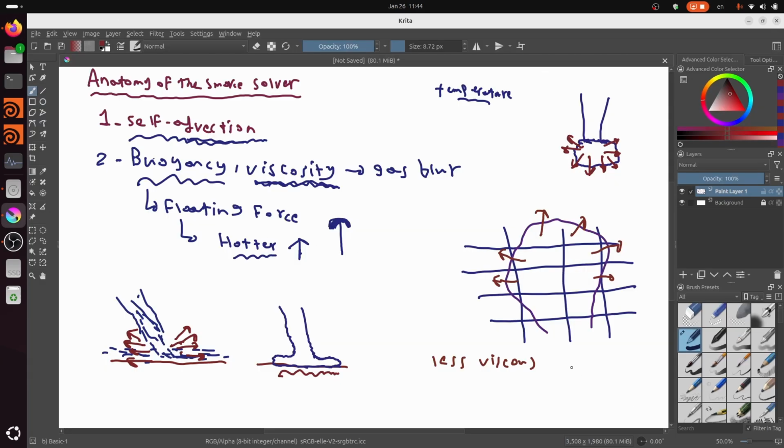If you have spreading velocity fields, you are going to blur them, you are going to minimize the difference.